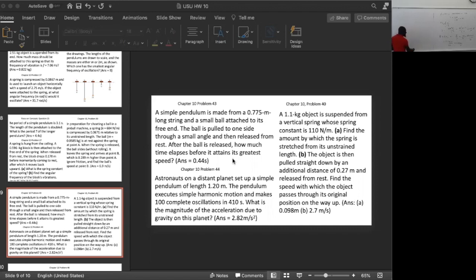So the first extension we got was 0.098. Then according to the problem, it was taken an additional 0.27 meters. So we're going to add 0.27 to 0.098 to get the elastic potential energy. Half k x initial squared, where k is given to be 110, and x initial squared is 0.098 plus the additional one, squared.